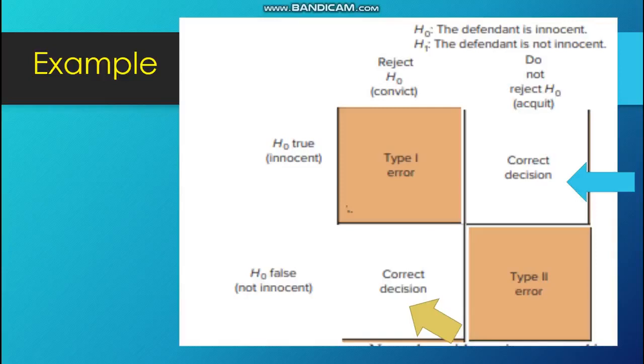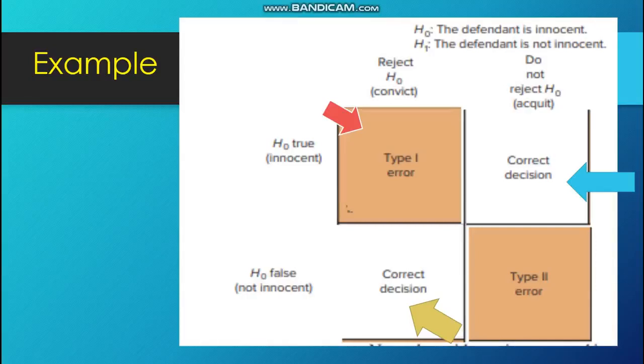Okay? And then, if the null hypothesis is true, ibig sabihin defendant is innocent, pero ni-reject mo yung null hypothesis, kinonvict mo yung ating defendant, that is an error. You commit a type 1 error.